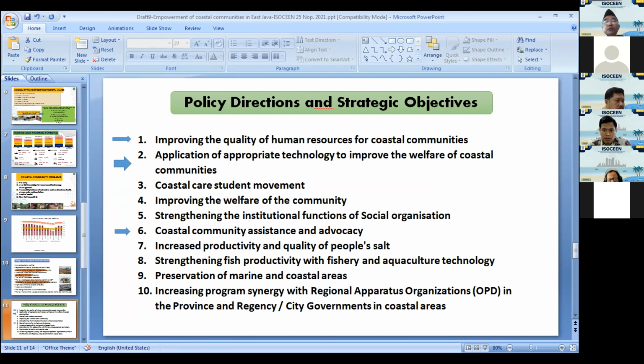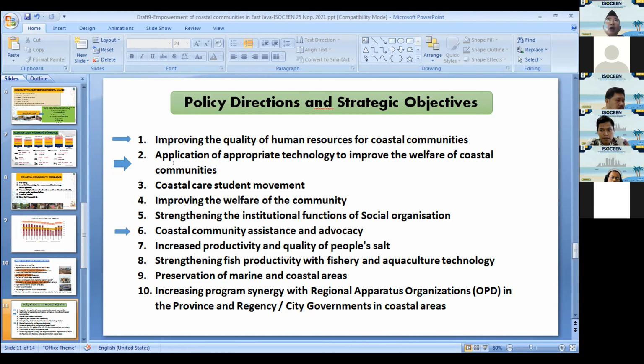These are the most important. One is improving the quality of human resources for coastal communities, that is, the basics of education. And then application of appropriate technology to improve the welfare of coastal communities. The people who are responsible for this are from the university, I think.